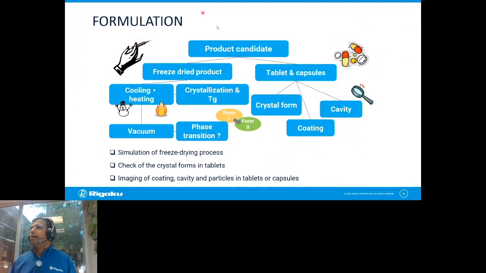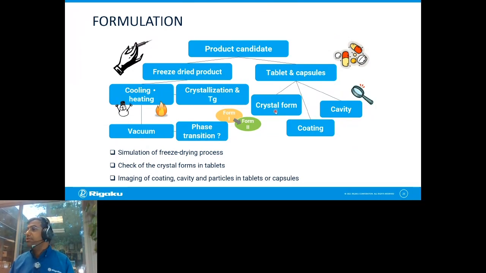Moving on to formulation, the product candidate. You could finally reach the formulation from two approaches: freeze-dried product and tablets and capsules. In a freeze-dried product, you could use cooling or heating, crystallization and glass transition temperature, in either vacuum condition, which can also result in phase transition.